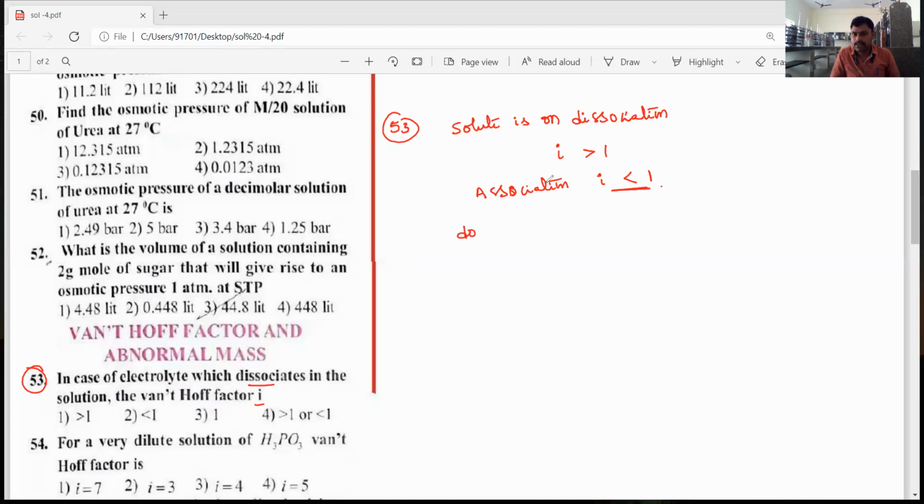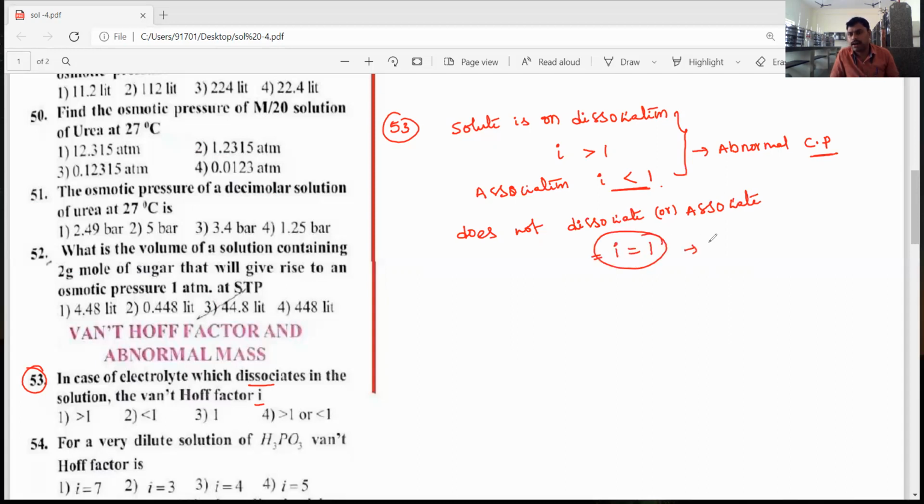Under both these conditions, abnormal colligative properties are present. And if the solute does not dissociate or associate, meaning the solutes are non-volatile, non-ionized solutes like urea, sucrose, glucose, under these conditions i is equal to 1.